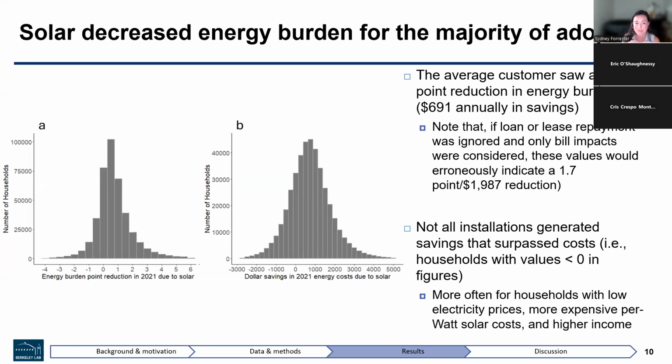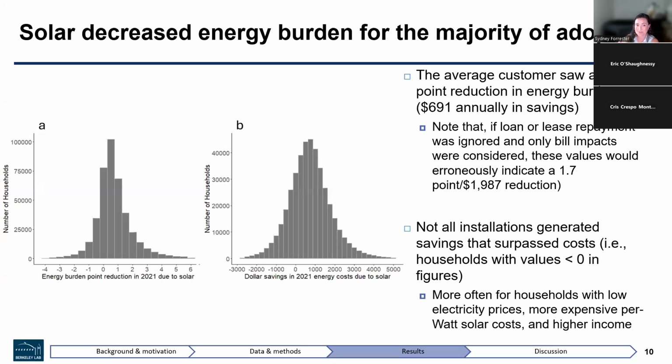You can see it peaks between 0 and 1 for energy burden point reduction, and it peaks somewhere between $500 and $1,000 in terms of annual savings. And that's what we saw here. The average customer saw a 0.6 point reduction in energy burden, and that was about $700 annually.